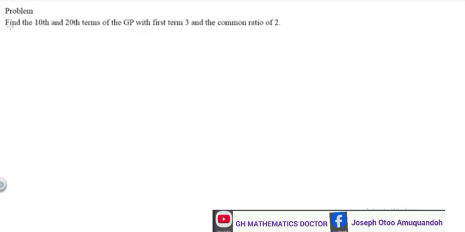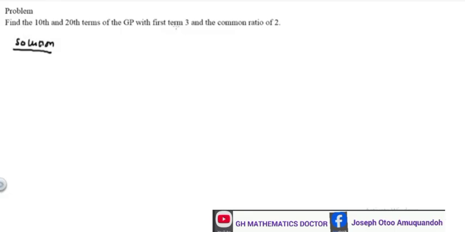Good. So let's look at the second example. Find the 10th and the 20th term of the GP with first term 3 and a common ratio of 2. So in this case, we are going to start with our solution.